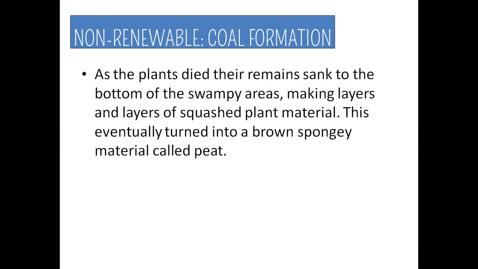As the plants died, the remains sank to the bottom of the swampy area, making layers and layers of squashed plant material. This eventually turned into a brown, spongy material called peat.